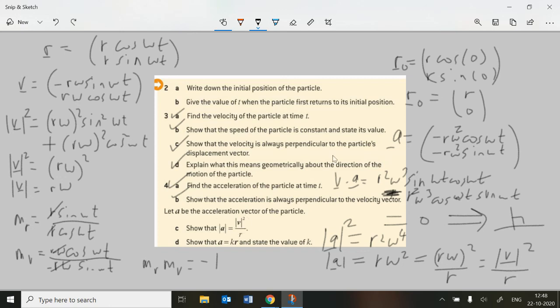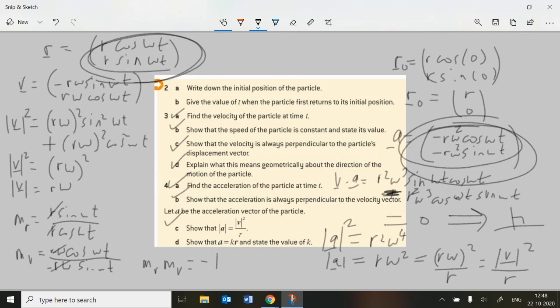Right, so there's one last little bit, and I can't squeeze it on easily, but I think this one is actually quite straightforward. This is saying show that your acceleration vector is equal to k times your displacement vector. Well, have a look at this. You can see that this one is the same as this one, but we're timesing by minus ω squared there.